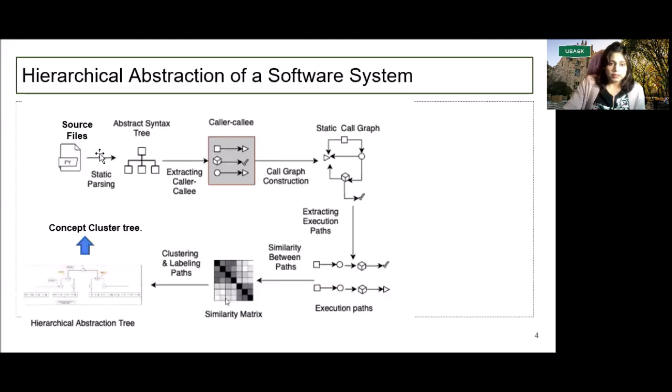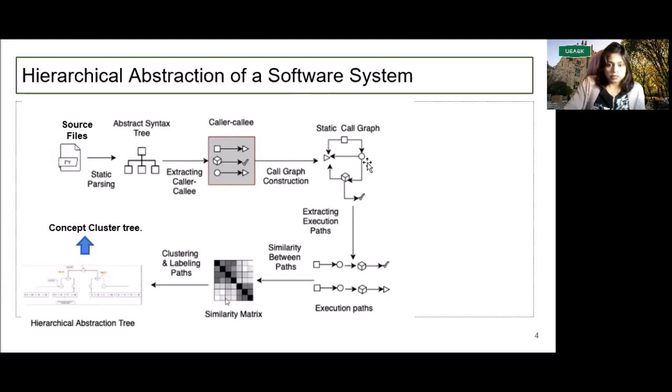How can we generate a hierarchical abstraction of a software system? In order to generate the hierarchical abstraction of a software system, first we need the source files, and from the source files we need to generate an abstract syntax tree. From the abstract syntax tree, we extract the caller and callee relationship of the functions.